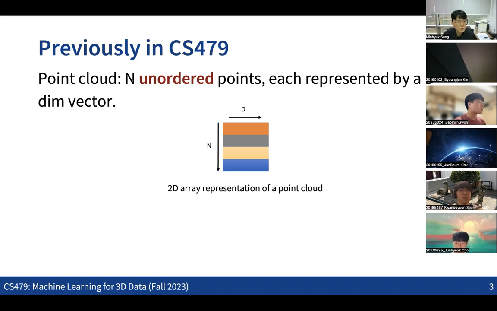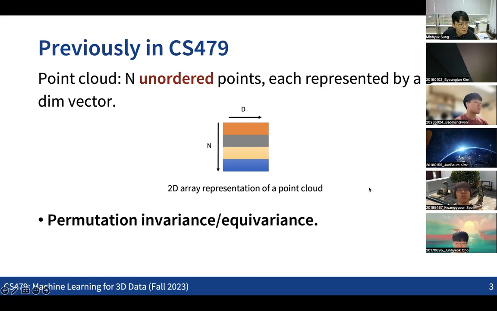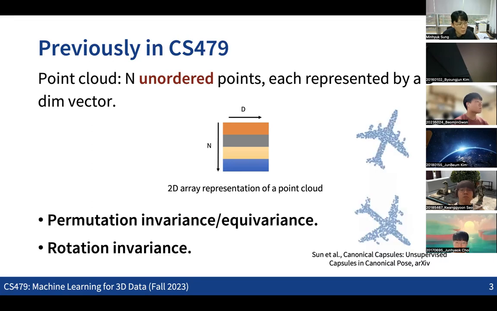So the question was how we can properly handle this kind of set data in terms of achieving permutation invariance and equivariance. That was one of the main aspects we discussed with PointNet. The other thing was rotation invariance, how we can also achieve the rotation invariance. It is one of the main aspects in the design of PointNet.